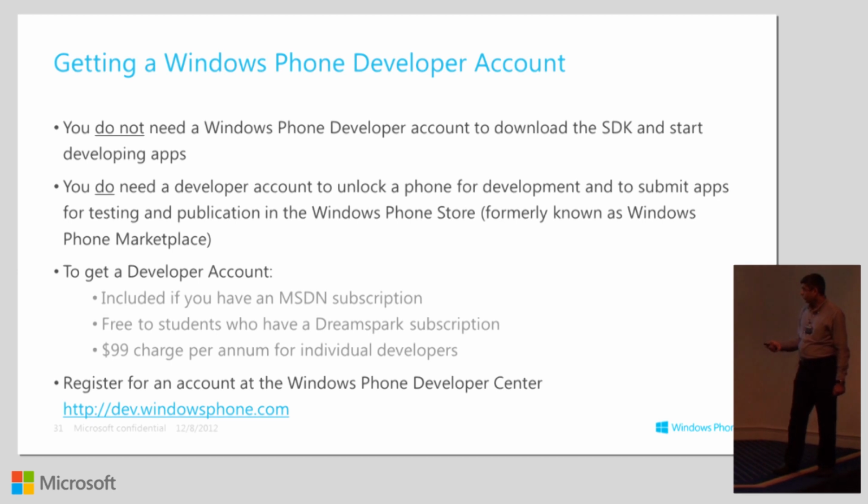Now, if you are a MSDN subscriber, it is included as part of your MSDN subscription. So the Windows Phone 8 and the Windows 8 subscriptions are available to MSDN subscribers. If you are a student, it's included with your DreamSpark subscription. If you are a professional developer, then you need to pay about 375 reals to get the developer account.